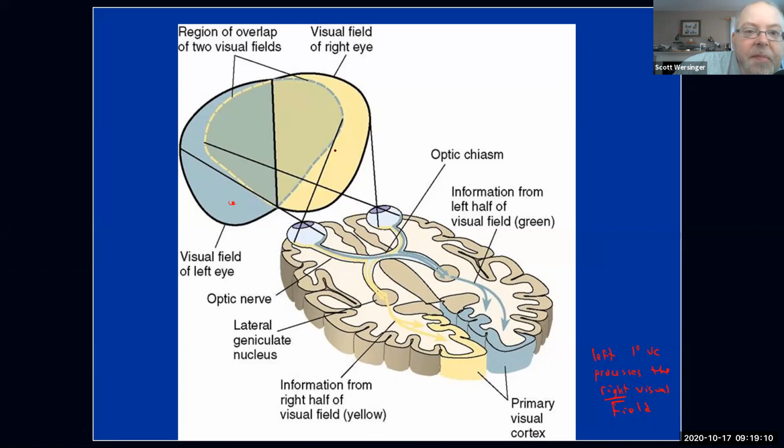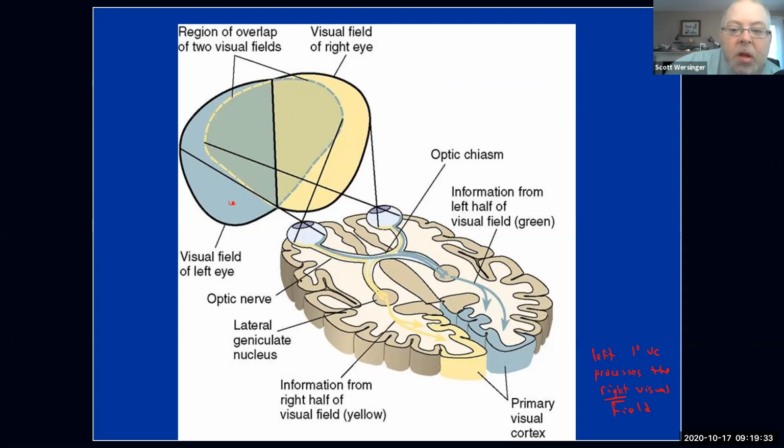Let's say we destroy the left visual cortex. This is still intact, okay? So your left visual field will be fine. But then there'll be sort of a line, and anything to the right of that line will be black. You won't be able to see anything.